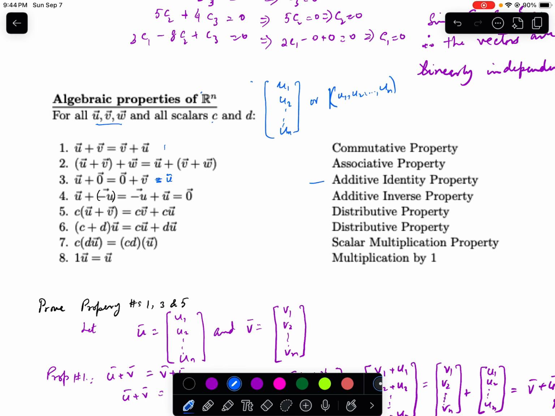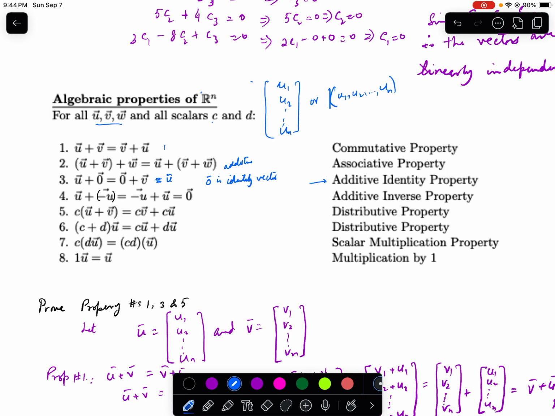This is called the additive identity property. So the zero vector is the additive identity vector here.